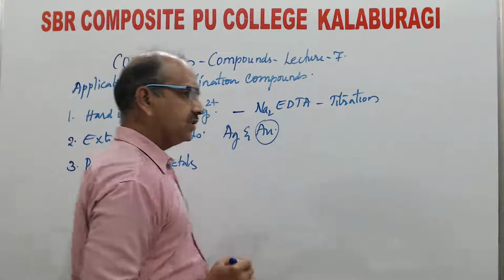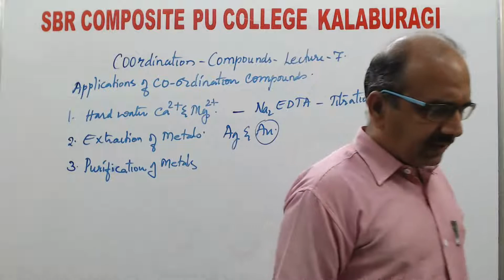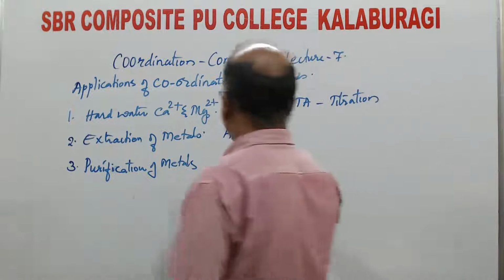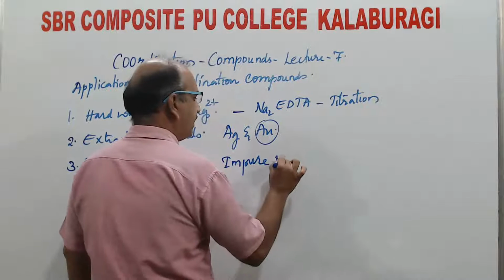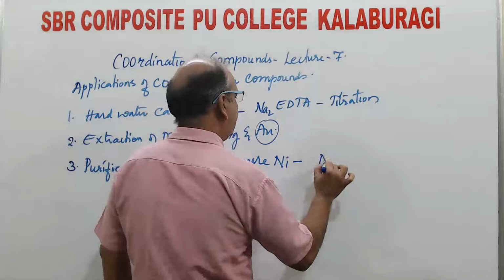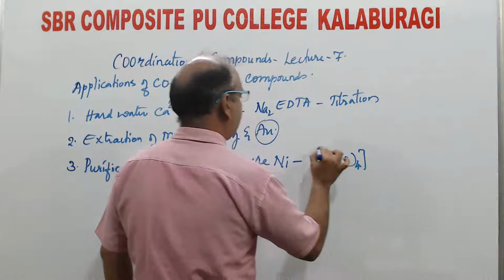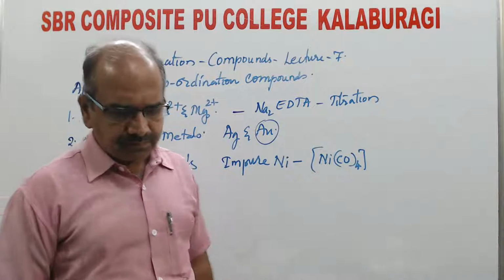If you had learned the metallurgy lesson, a few of these examples should have been clarified. Impure nickel will be converted to nickel tetracarbonyl, which is a coordination compound.